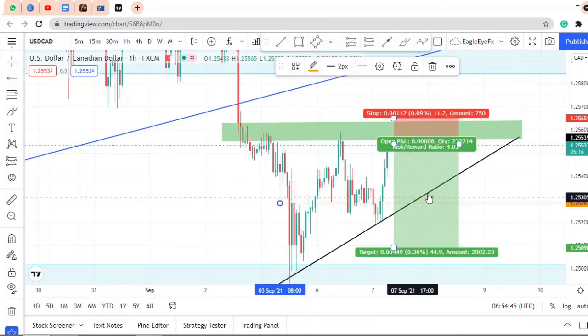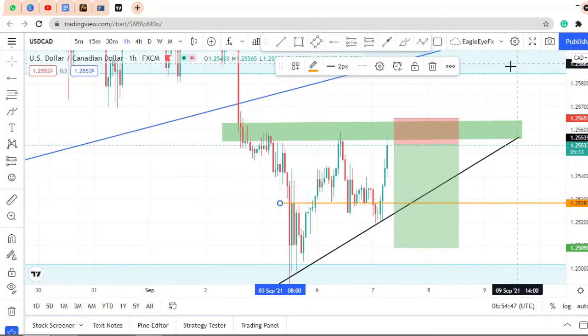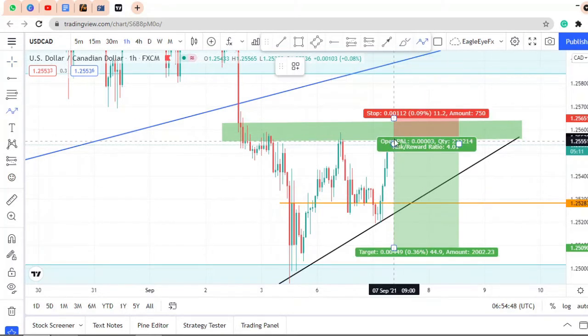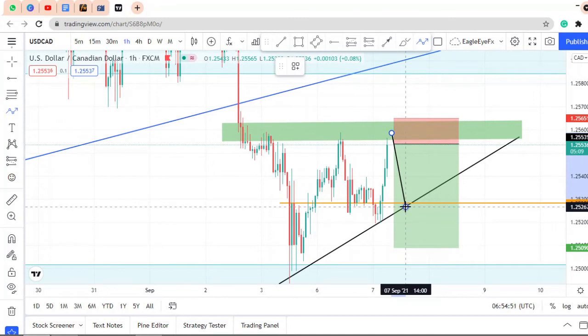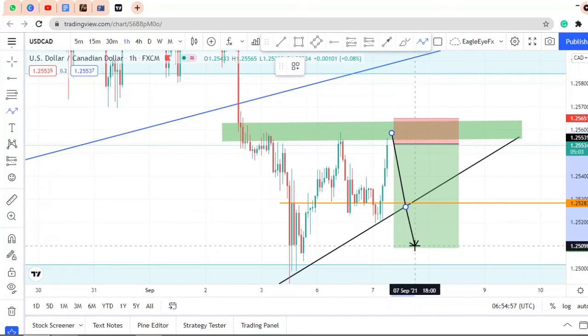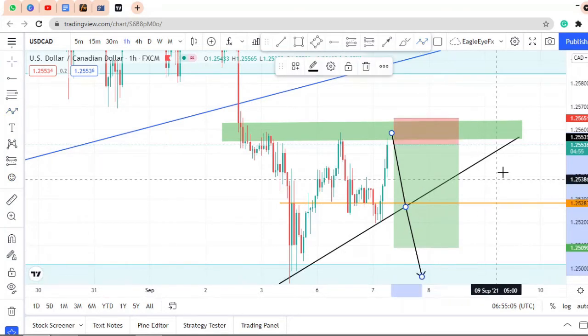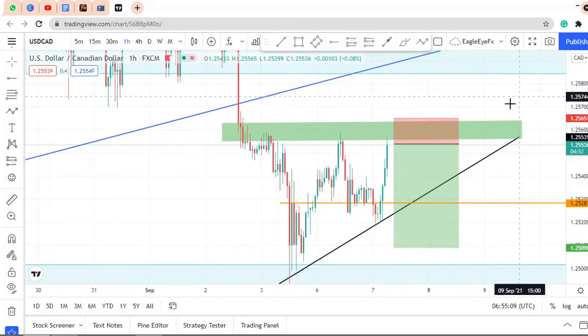Take some profit on this trend line here, because the market can easily come and then turn back, right? So I'll take some profit here. If it is able to break this, then I can take some other profit here, or I can hold to this zone, definitely with break even, all right? Whereby I've adjusted my stop loss to entry.